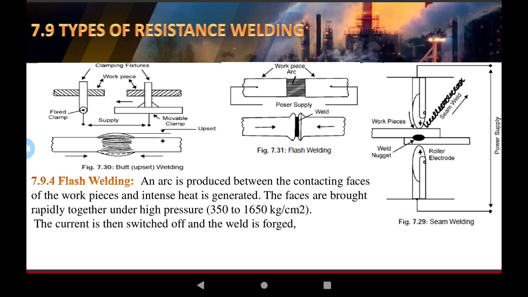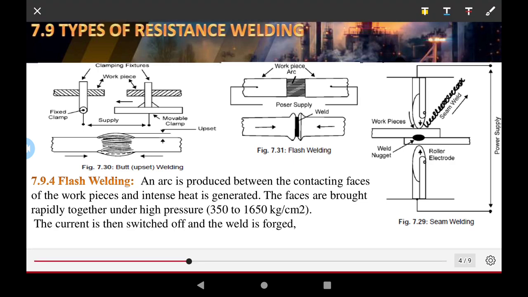These are the types of resistance welding. This is the application of the butt joint, offset welding, and this is the overhead position of butt or offset welding.